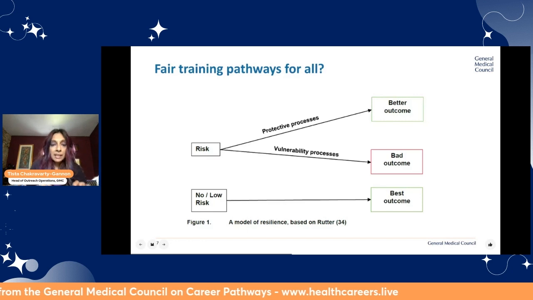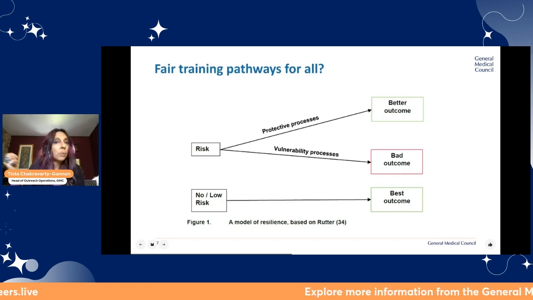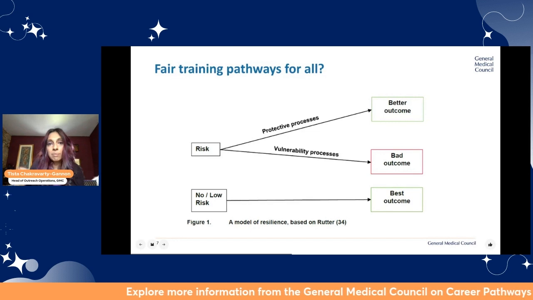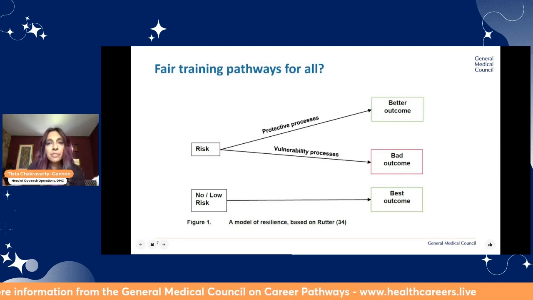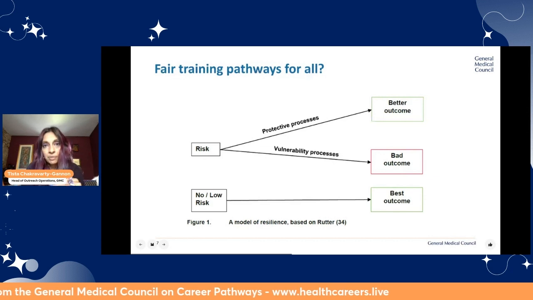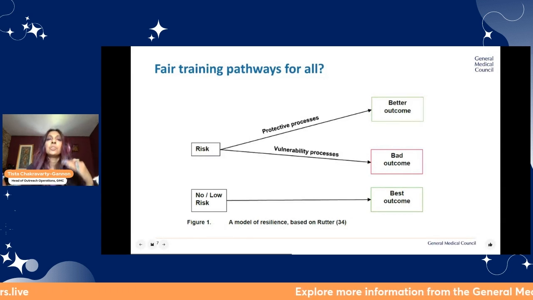They would be represented in the low risk area, where they have the best outcome, whereas women, minoritized ethnic, and some faith-based groups are subject to vulnerability processes, have a poorer outcome. And what we need to do is put in those protective processes to ensure they have a better outcome.